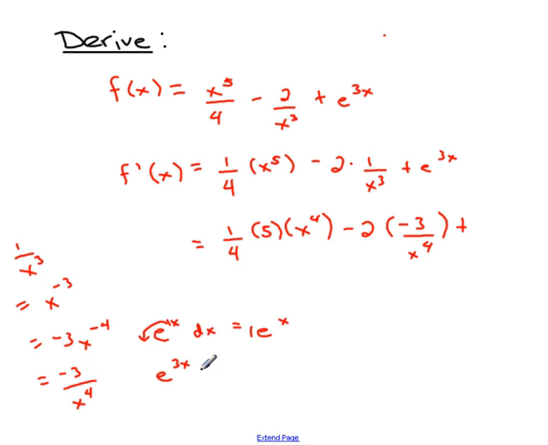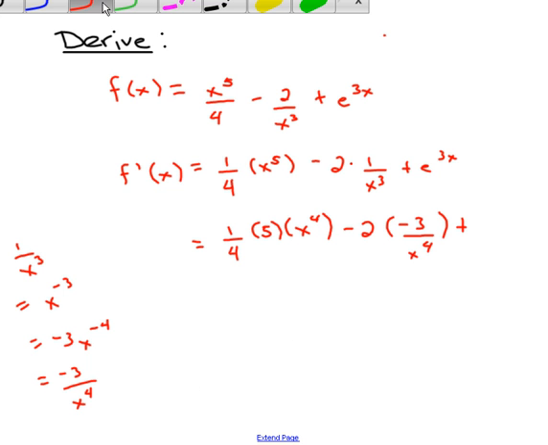So the derivative of e to the 3x will be 3e to the 3x. Just remember that when you have e to the whatever x, you bring down the number: 3e to the 3x. This is your derivative. Got it? Try not to forget that.